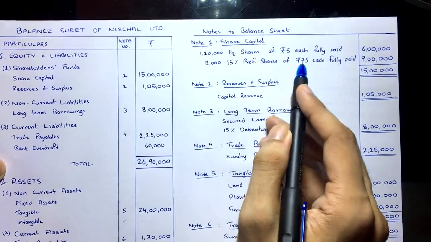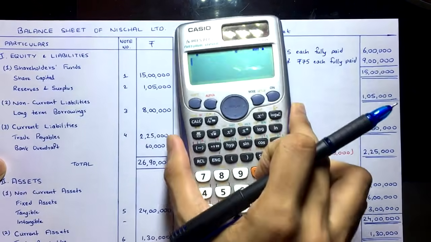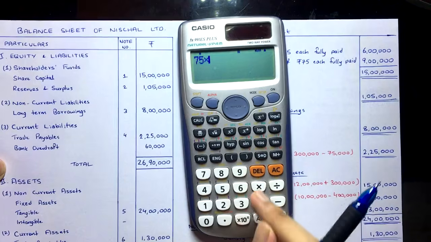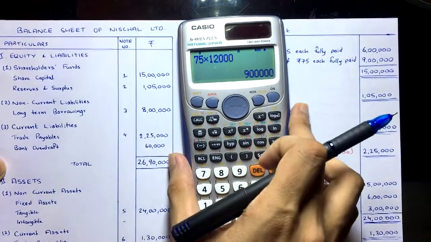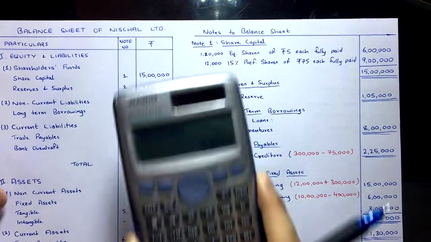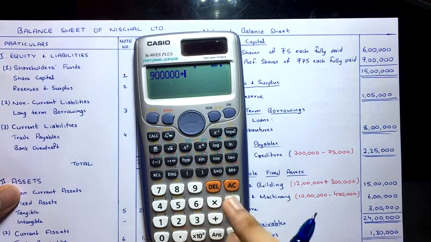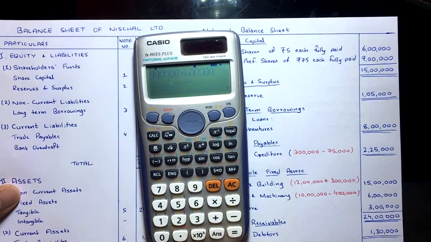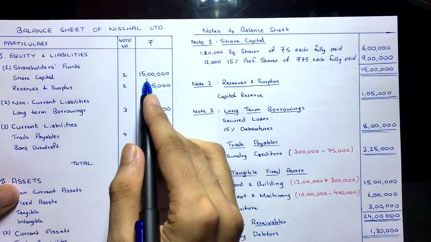So 15% preference shares of rupees 75 each. So we have changed the face value. So 75 is the face value into the number of shares, 12,000, that is equal to 9 lakh. So 9 lakh would be the preference share capital. Simple. And if you add them up together, 9 lakh plus 6 lakh, that is equal to 15 lakh, right? That's the total share capital. So that's what you have to take here.